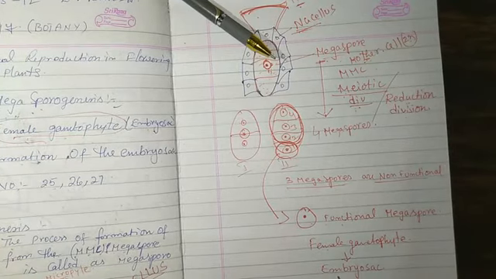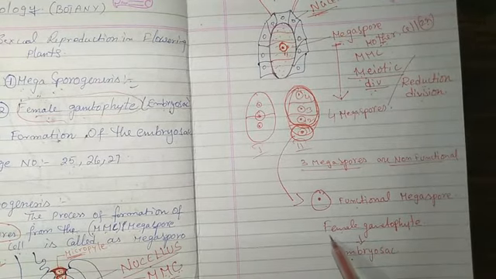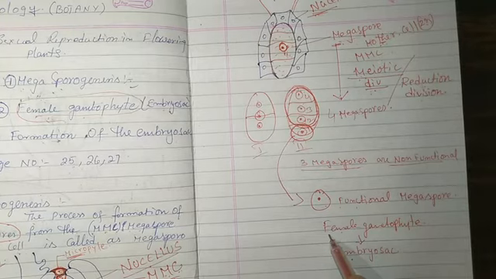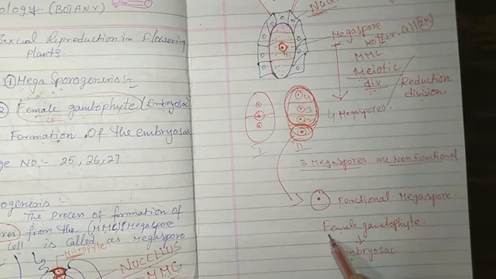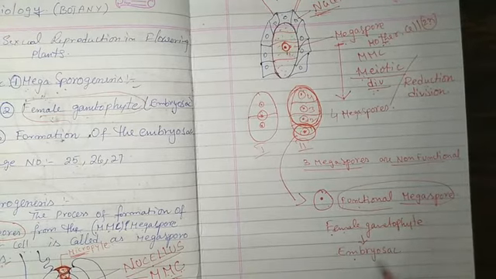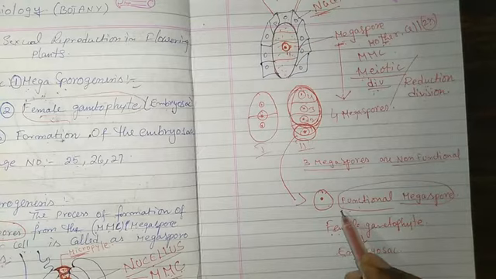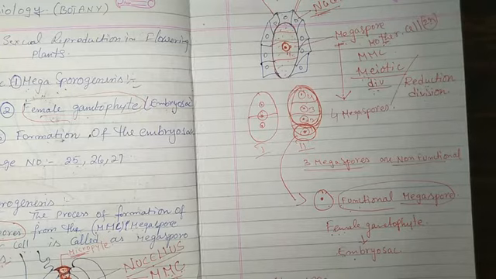And the next one is, if the embryo sac or female gametophyte is formed from the functional megaspore, it is called monosporic development.